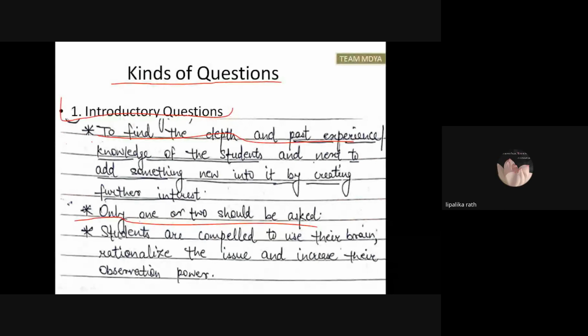Screen is continuing also. Is it audible now? Yes, it is audible. Okay.